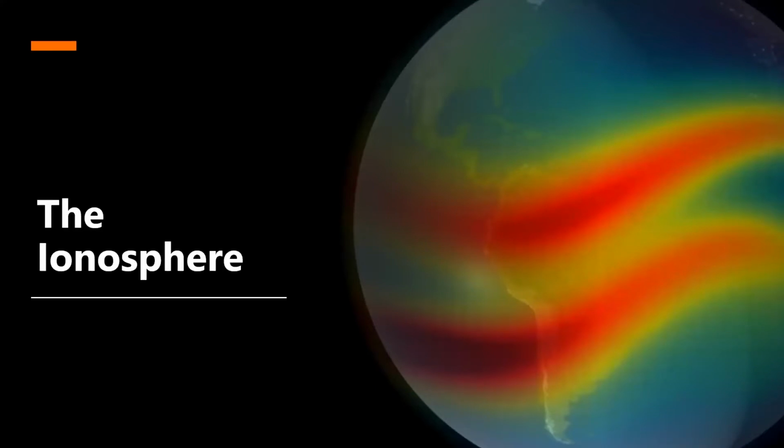The Earth's ionosphere, as I mentioned before, is the layer of the Earth's atmosphere wherein charged particles, positive ions and negatively charged ions and electrons, are dominant. And this is embedded in the Earth's neutral atmosphere.